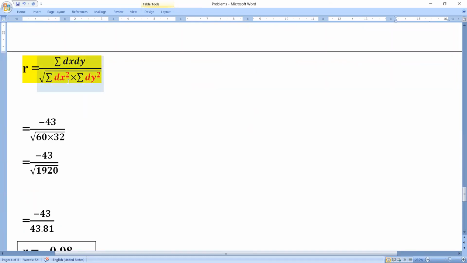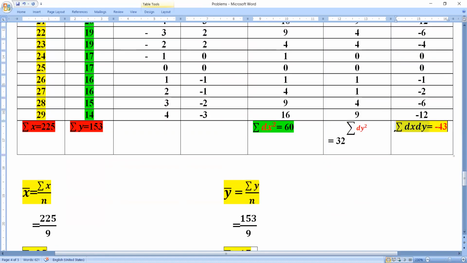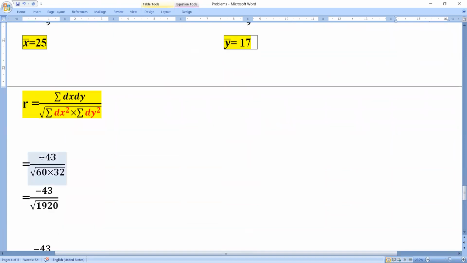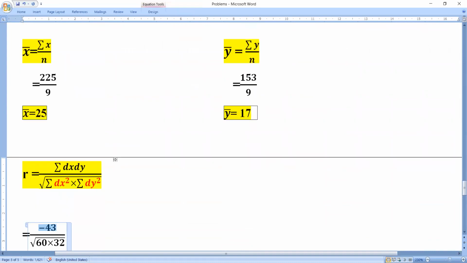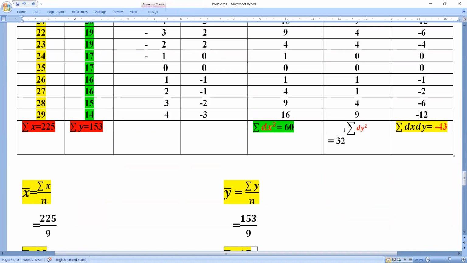You should apply all the values based on the formula. What is the value of sigma dx dy? It is minus 43. Sigma dx square is 60, sigma dy square is 32.